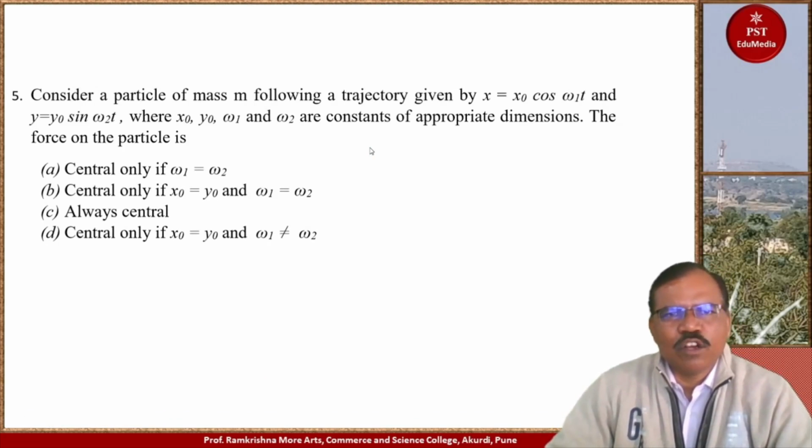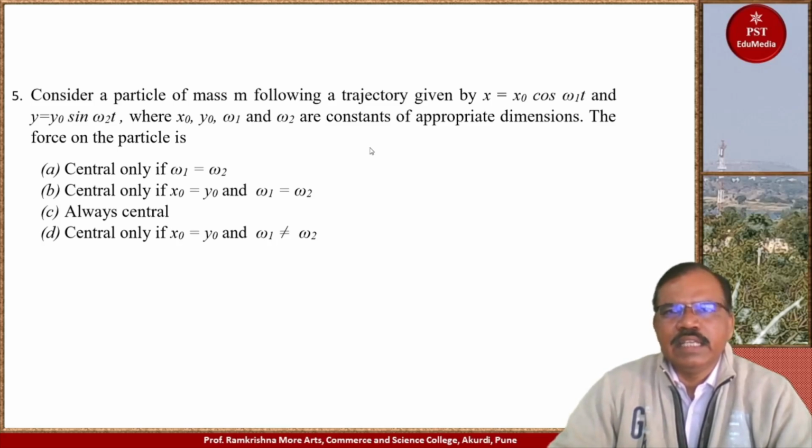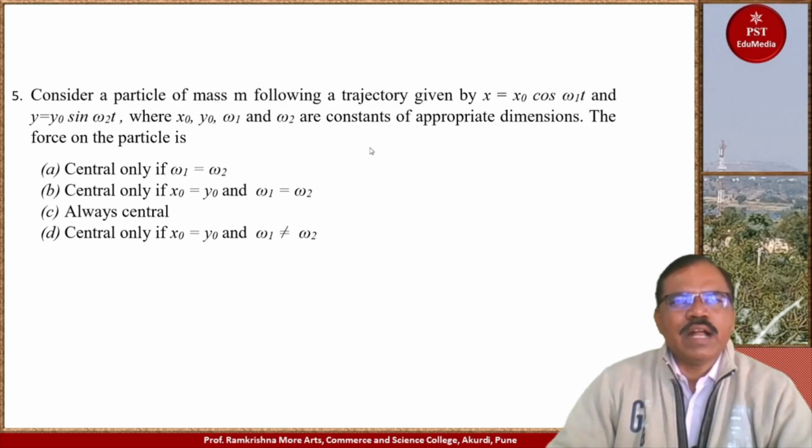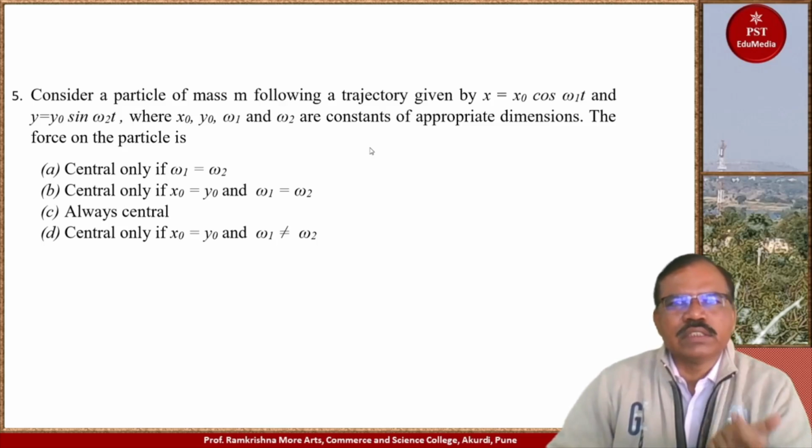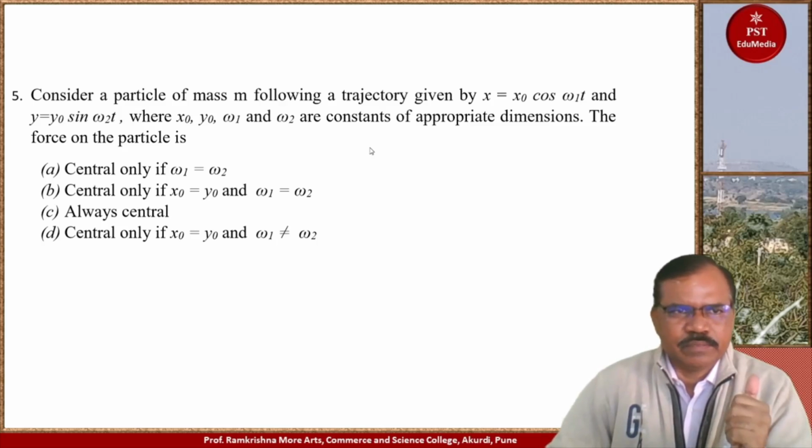Consider a particle of mass m following a trajectory given by x is equal to x0 cos omega 1 t and y is equal to y0 sin omega 2 t, where x0, y0, omega 1 and omega 2 are constants of appropriate dimensions.